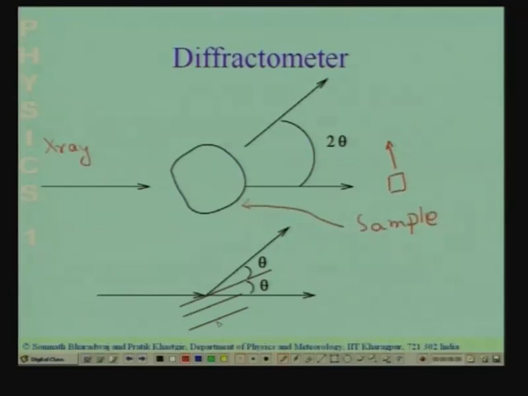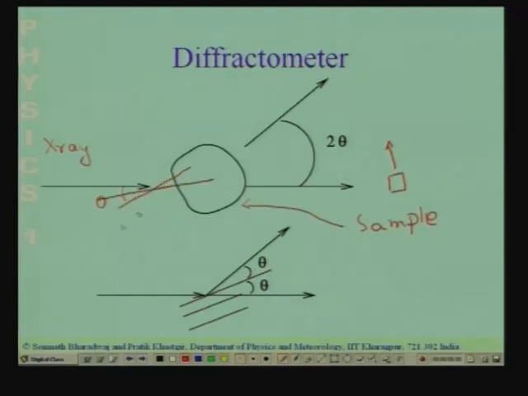So, if you measure the intensity in this direction, the X-ray scattered in this direction has been scattered by planes which make a grazing angle theta. If this angle is 2 theta, then the planes which have scattered the X-ray in this direction are at the grazing angle theta.